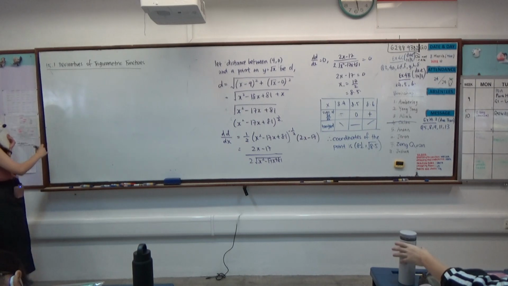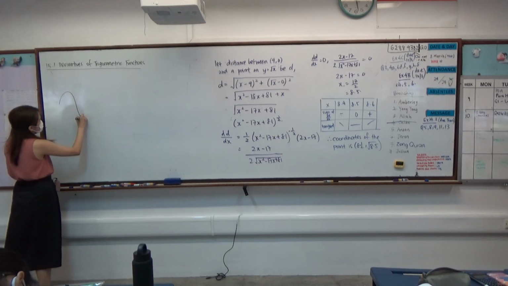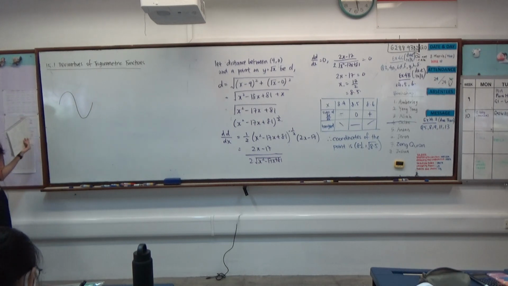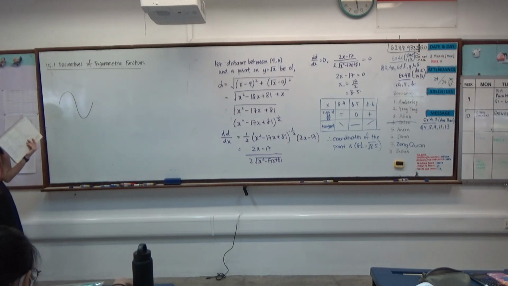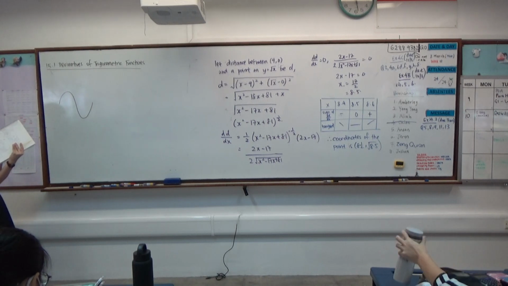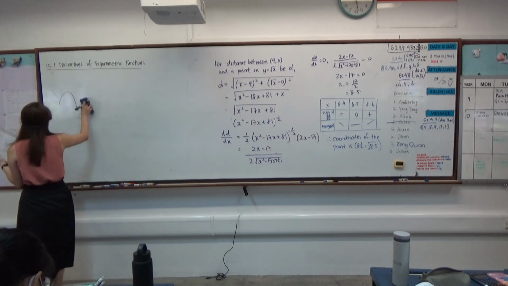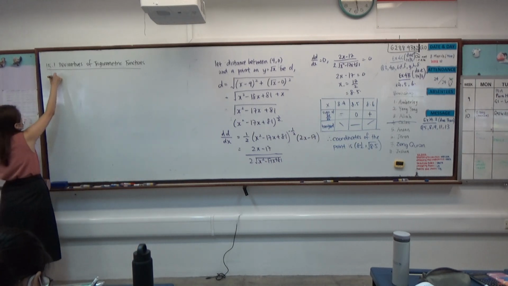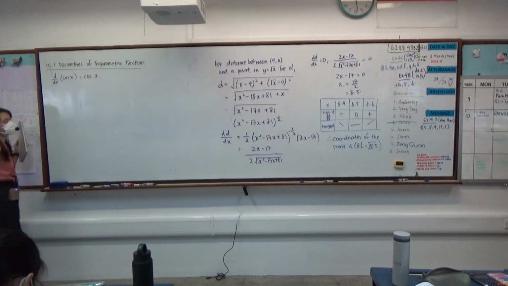Scientists look at the gradient of the tangent of, let's say, a sine curve, and then piece up all the information regarding the tangents, and discover that the gradients themselves form a cosine function. That is why the differentiation of sine x is going to be cosine x.